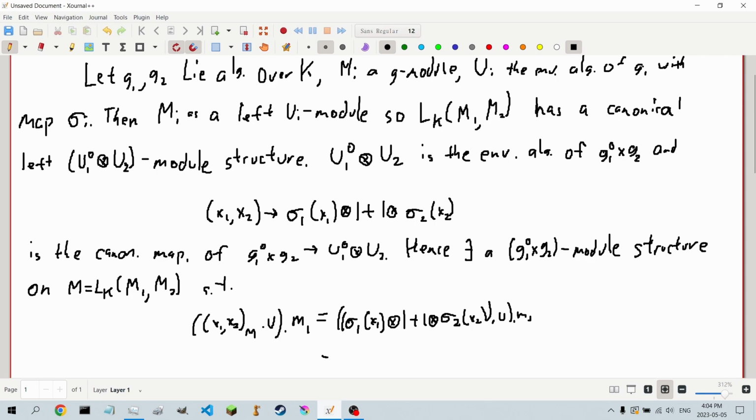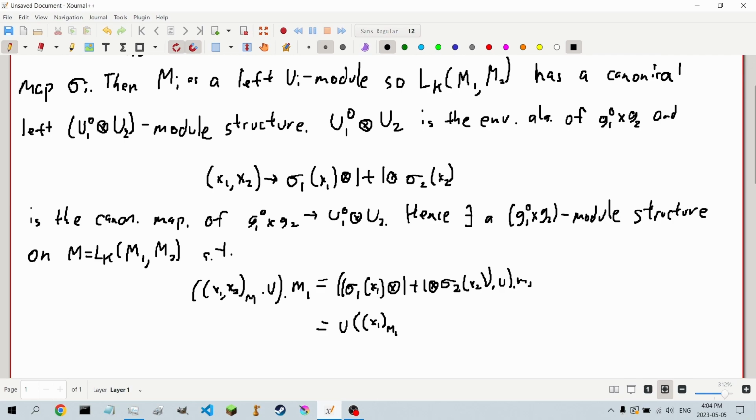And that reduces down to just being equivalent to U of x1 in M1 acting on an element of M1 plus element x2 in the context of M2 acting on U of M1.